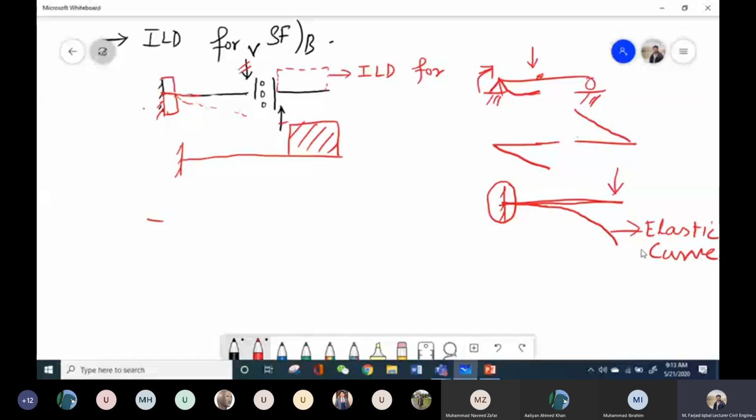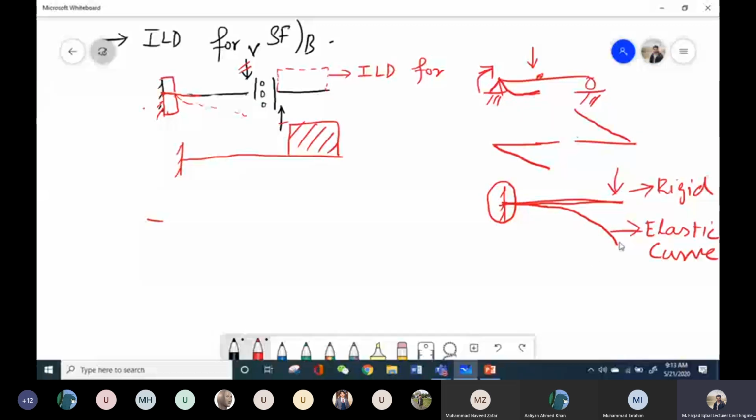This diagram is correct, but it does not work in the case of the Muller method, because his method assumes that the beam does not have elasticity and is simply a rigid beam. In the case of a rigid beam, there won't be any sort of elasticity and there won't be any such deflection. So in that case, the supports play an important role.